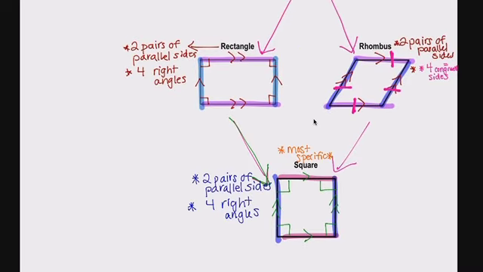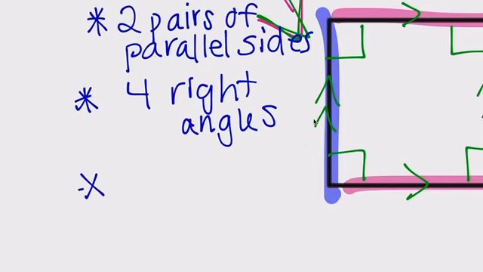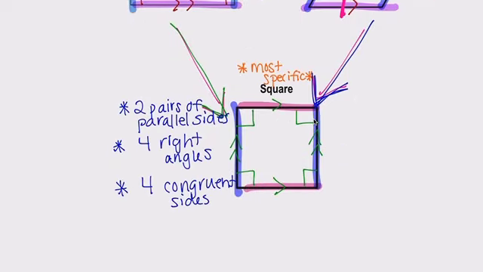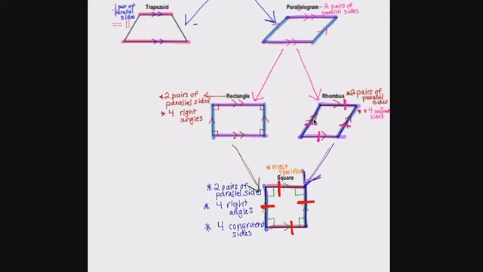So it gets the right angle properties from the rectangle, and then, similar to a rhombus, it has four congruent sides. So I'm going to show that again by using those tick marks to show that the sides are congruent. This side is equal to this side, it's equal to this side, it's equal to this side.